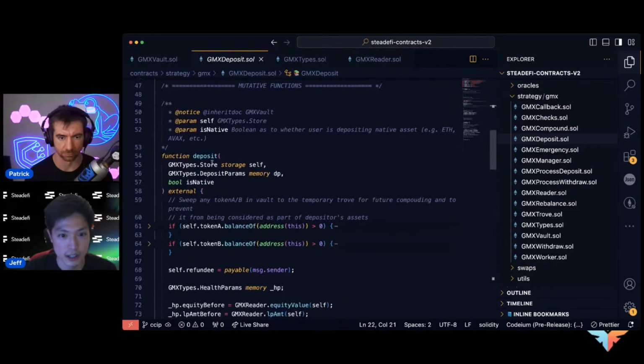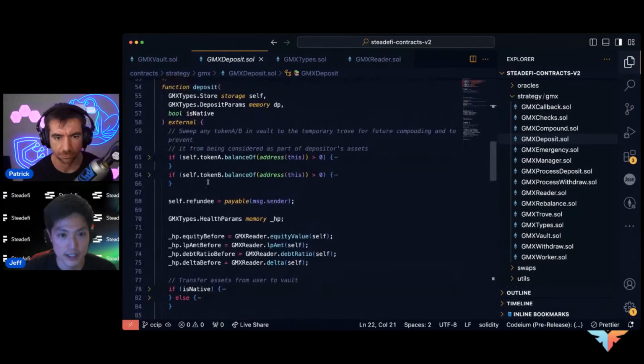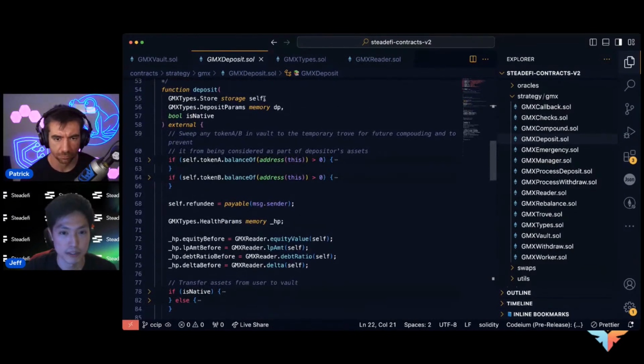So okay, what does the deposit function do? The first argument is the store. Library contracts can't hold state, which is why we have to keep passing the store parameter into all these libraries, and you keep seeing this over and over again. This is the deposit parameter that was passed in earlier as well. And then here we have an argument for true or false, which is native.